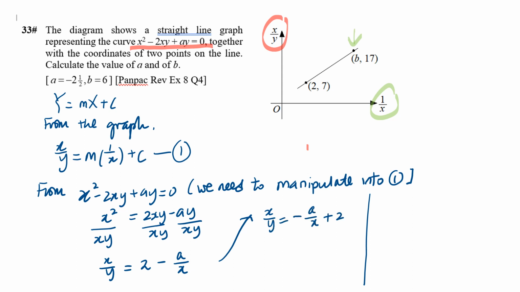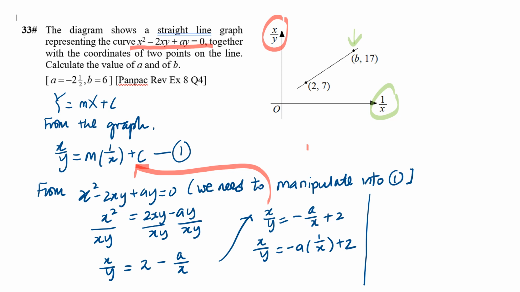You will discover that it's very similar to equation 1. If you compare it with equation 1 here, we can pull out the negative a first to make it clearer.